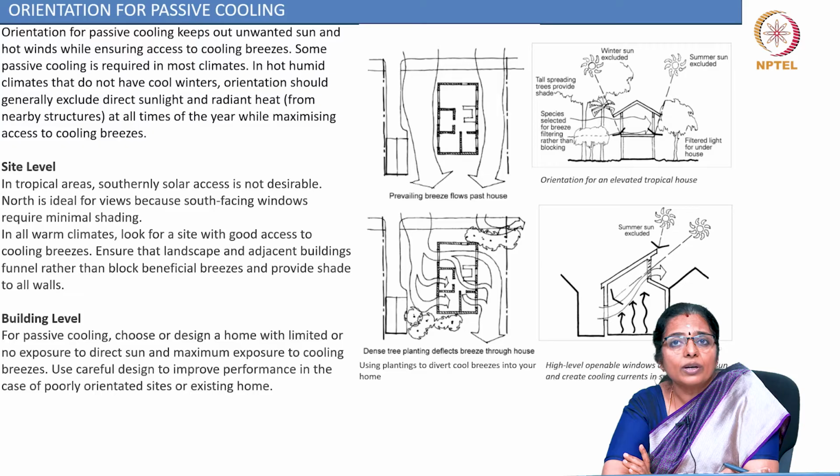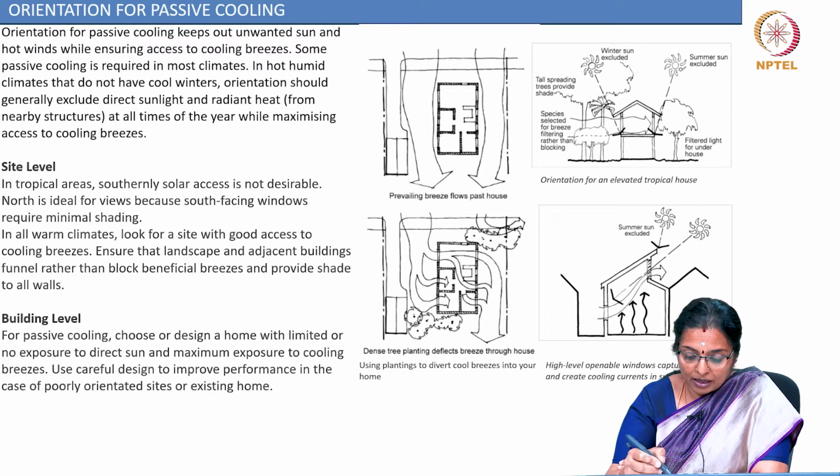Some passive cooling is required in most climates. In hot humid climates that do not have cool winters, orientation should generally exclude direct sunlight and radiant heat, especially from nearby structures. At all times of the year, you must follow this principle while maximizing access to cooling breeze.